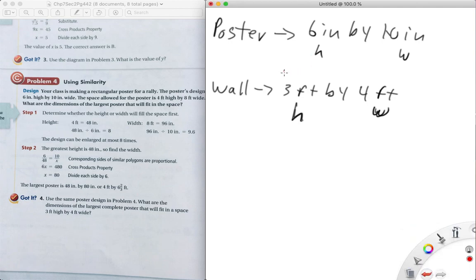So 3 feet is 36 inches, 3 times 12. And 4 feet is 48 inches, 4 times 12. All right, by doing that, we can set up our proportion from wall to poster if you wanted to. So wall over poster.